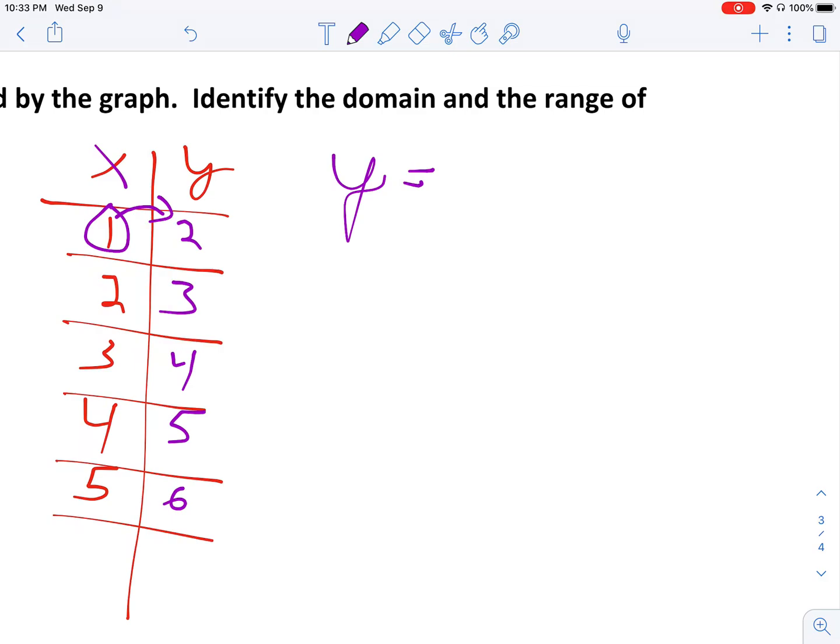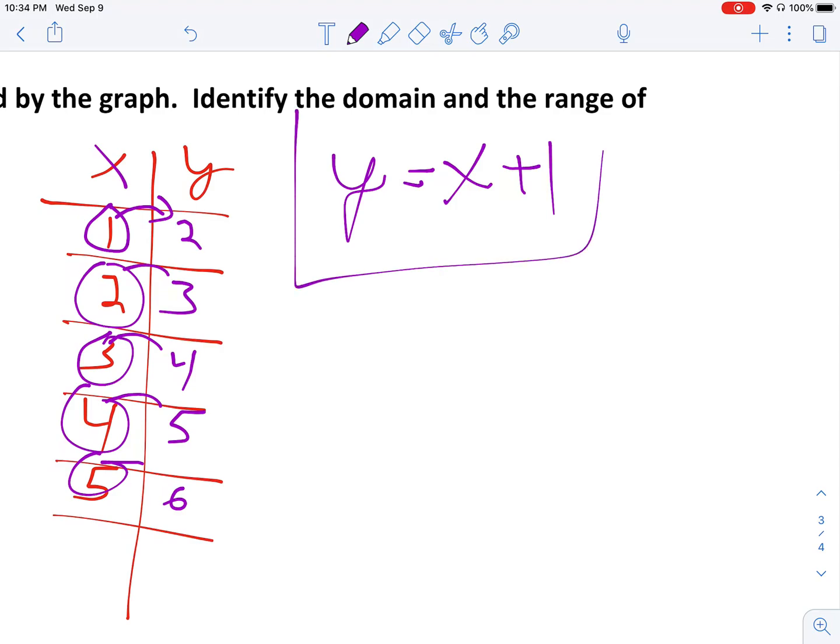If I add 1, I get 2. To go from 2 to 3, when I add 1, I get 3. Add 1, I get 4. Add 1, I get 5. So it appears the function is whatever the x value input is, you add 1 to it, and you get y in exchange. So your rule for this is y equals x plus 1.